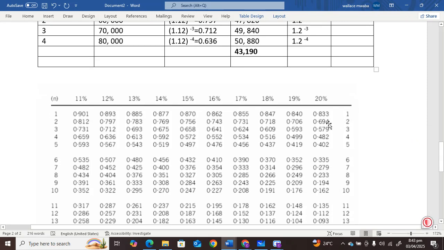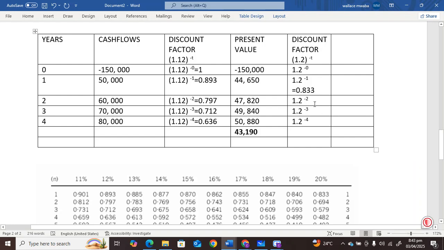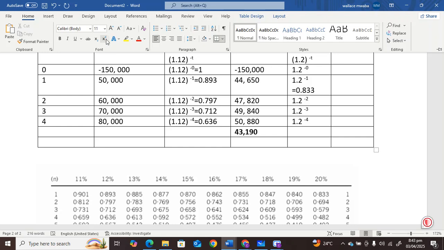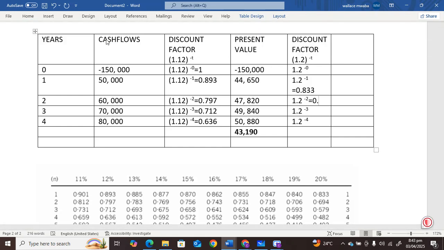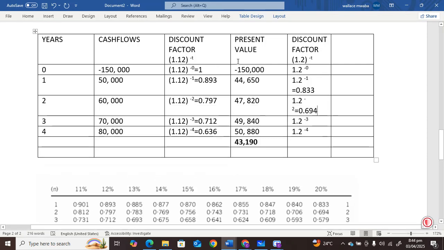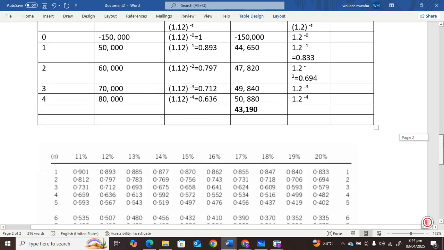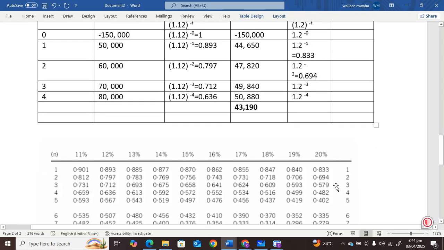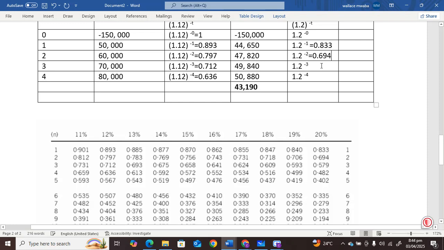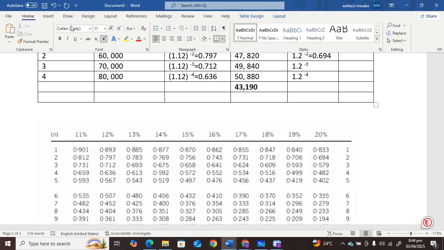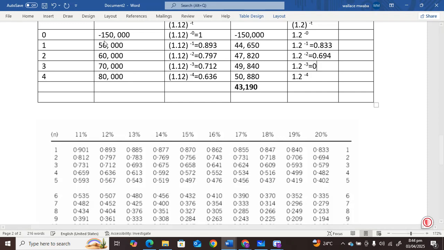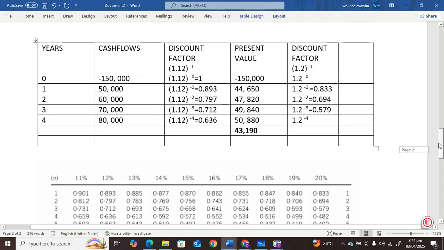Year two, 0.694. Year three, 0.579. Year four, 0.482.